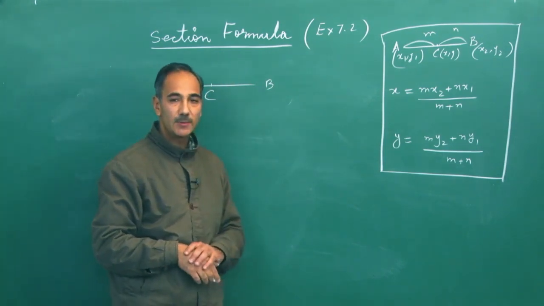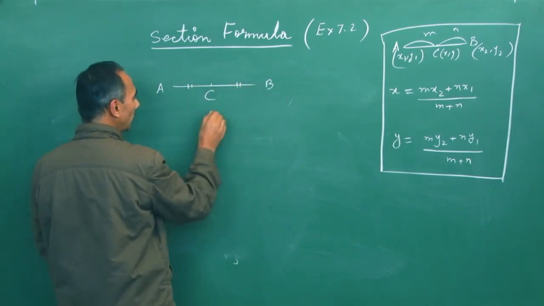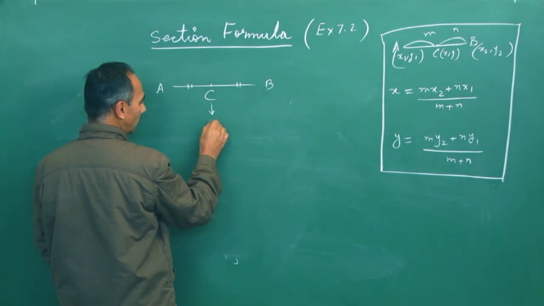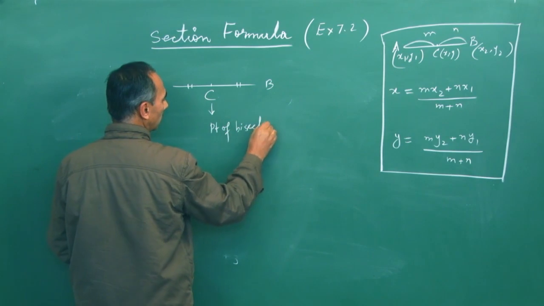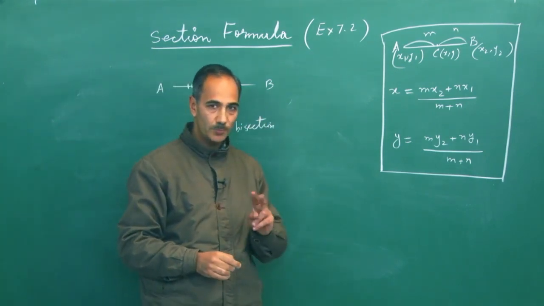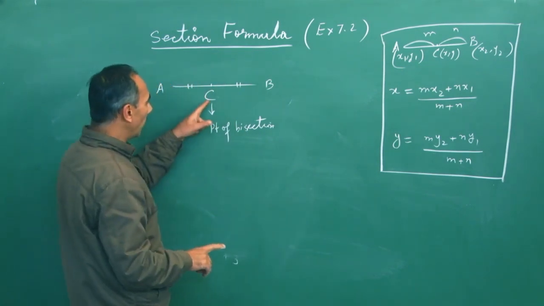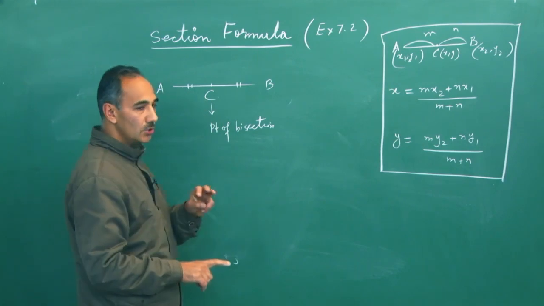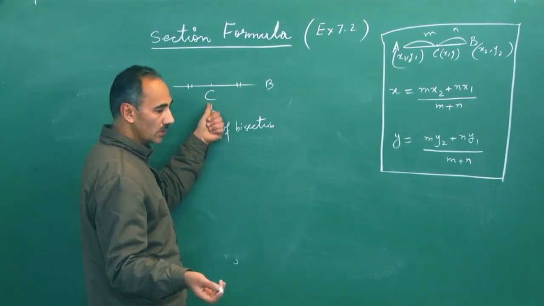If AB is a line segment and C is a point that divides it into 2 equal halves, then in this case, C is the point of bisection. Bisection. Bi means 2, section, parts, 2 parts. But parts have to be equal, 2 equal parts. So one point divides a line segment into 2 equal parts. So C is the point of bisection, which is also known as midpoint.